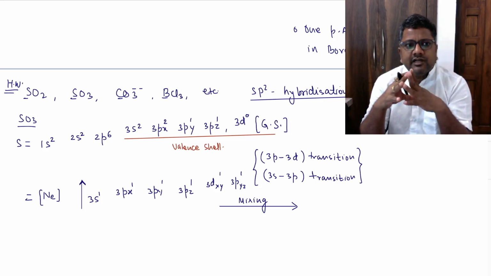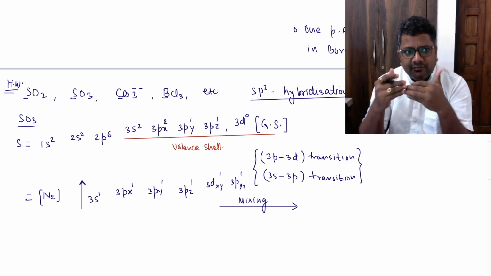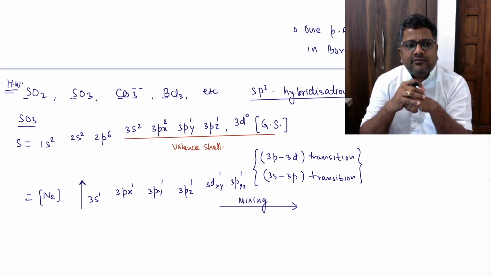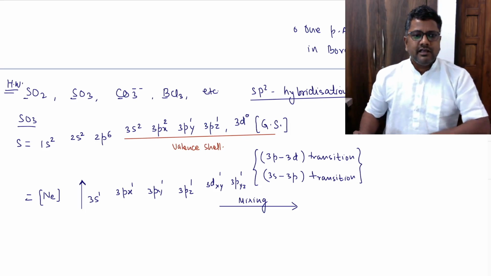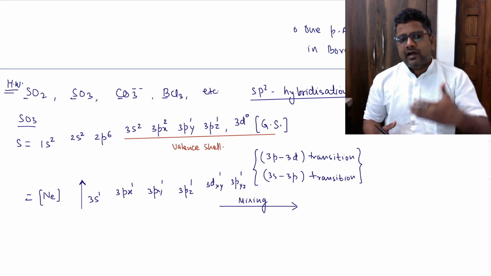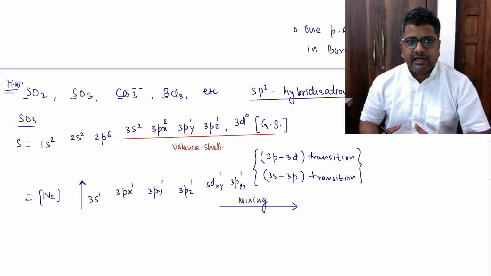After completion of this concept, I will give you some formula so that you are able to calculate the hybridization. Then after considering hybridization, you explain the formation of the molecule, right? Many people are saying that from hybridization we are predicting the geometry of the molecule.